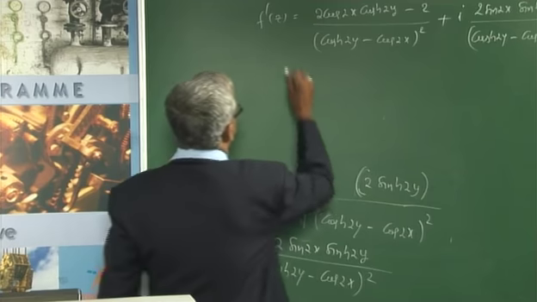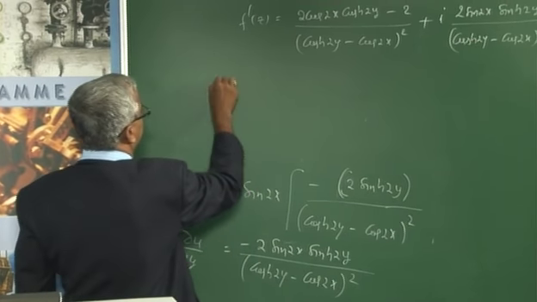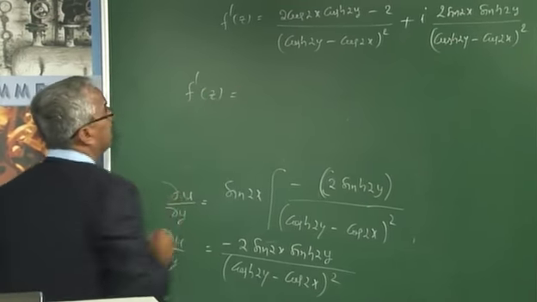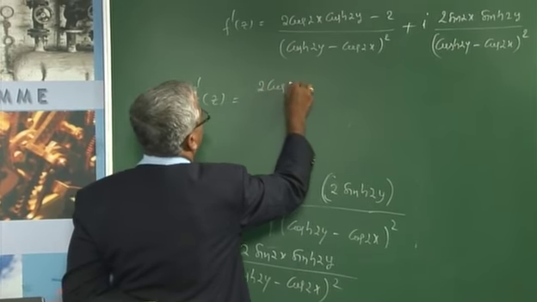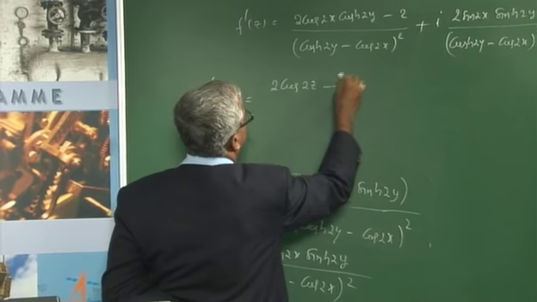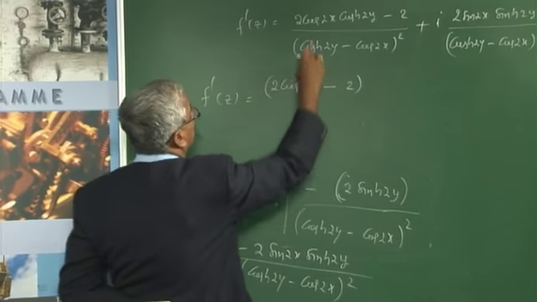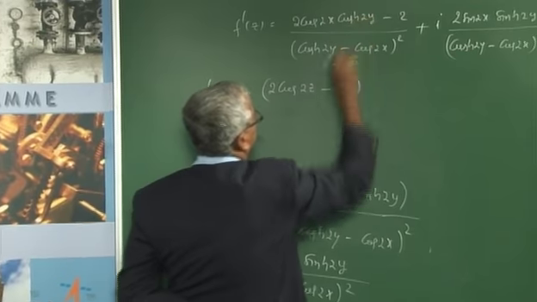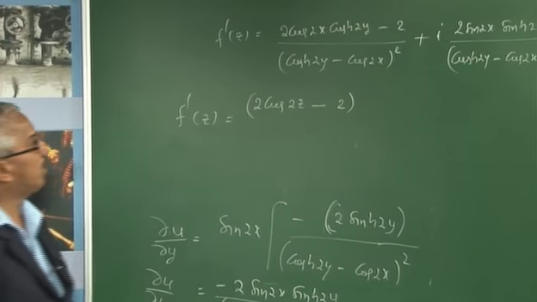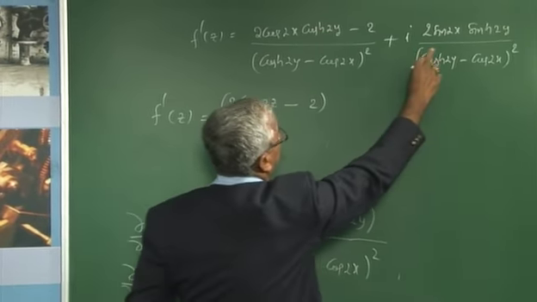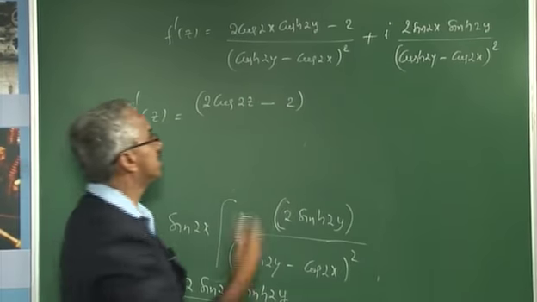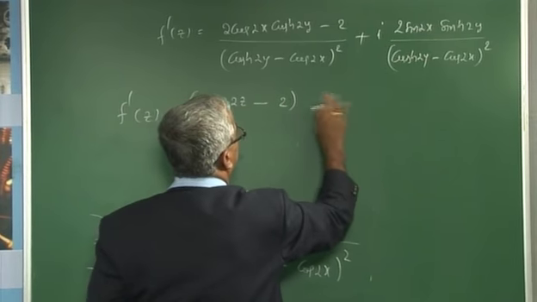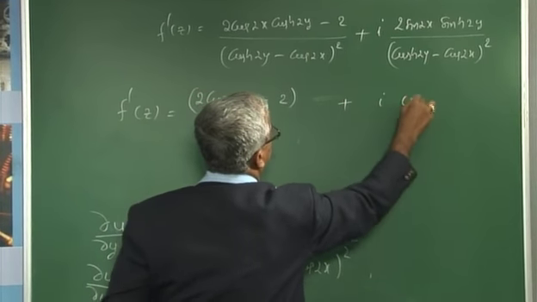By the Milne-Thomson method, replace x by z and y by 0. X by z means it is 2 cos 2z minus 2, and cos hyperbolic 0 is also 1. And here, sin 2x sin hyperbolic 2y, sin hyperbolic 0 is 0 itself, therefore the term plus i into 0.